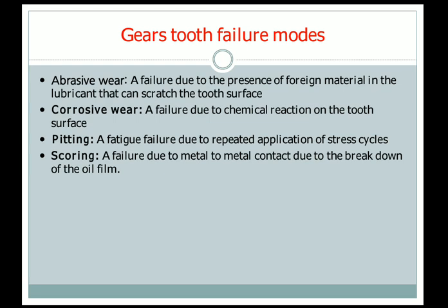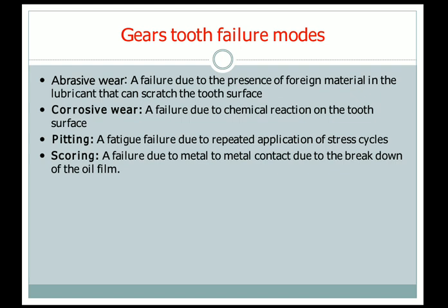Abrasive wear is a type of failure which is due to the presence of foreign materials in the lubricant that can scratch the tooth surface. When the two gear teeth are operating, rotating with each other and transmitting motion, we have to lubricate them by supplying some suitable oil.